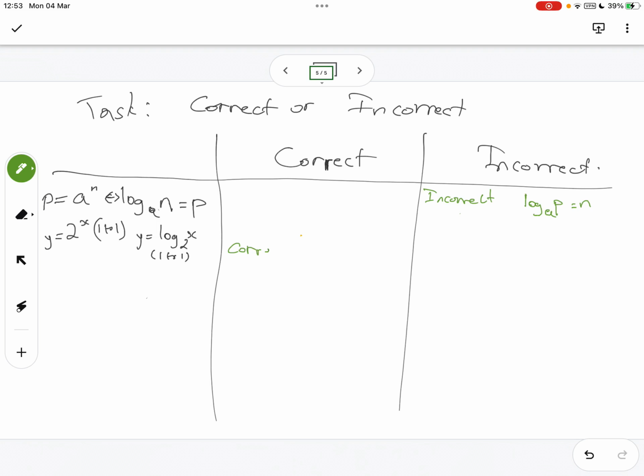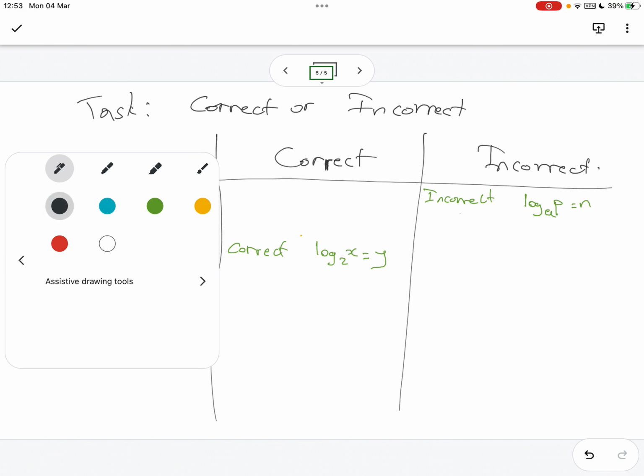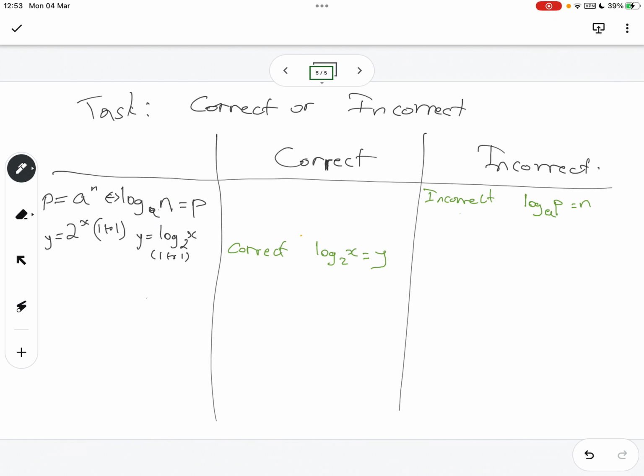So just write it here. Correct. And it's log x equals y. That's great. Then the third function is what?